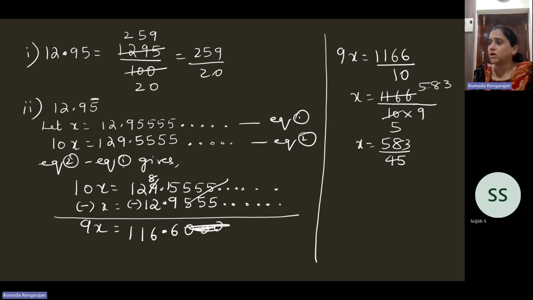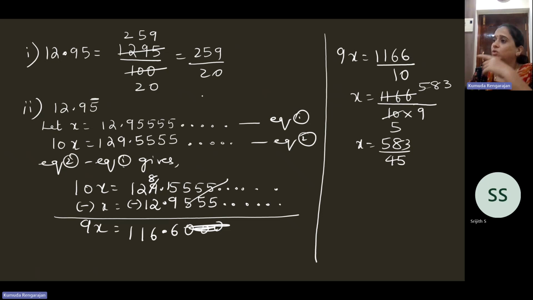What is the P by Q you've got? 1283 by 99. You got the same thing, right? 1283 by 99. You didn't bring the 99 for division. You left it. 99x is equal to 12.959595. Correct, yeah. In the exam, if you take the question incorrectly, you will not get marks.